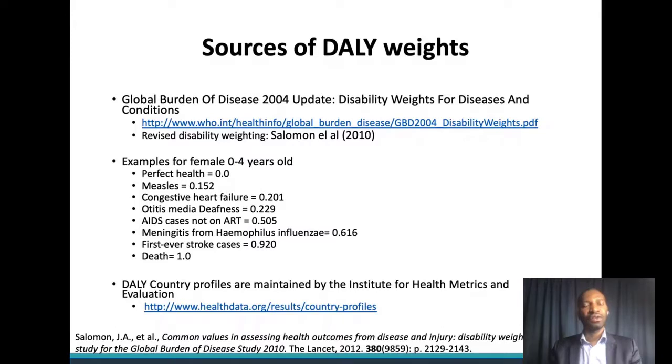So in perfect health, we could have 0. For measles, we could have 0.152. For congestive heart failure, we have 0.201. For death, we have 1. DALY country profiles are maintained by the Institute for Health Metrics and Evaluation.